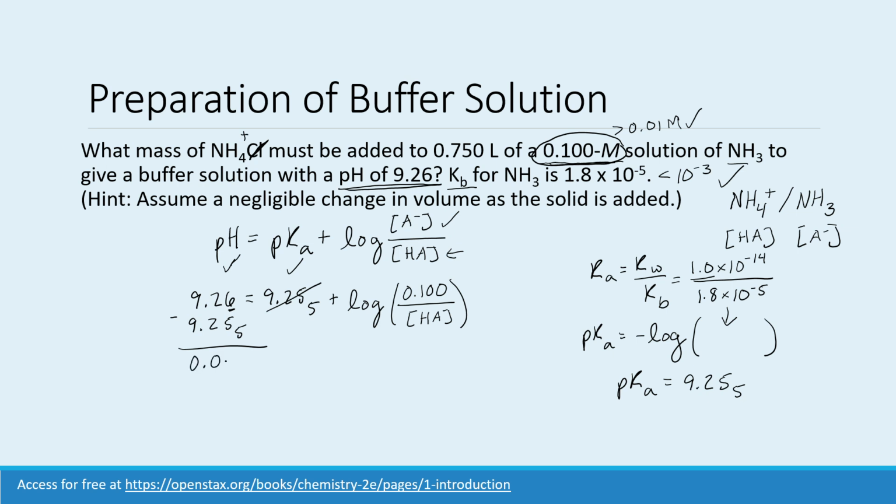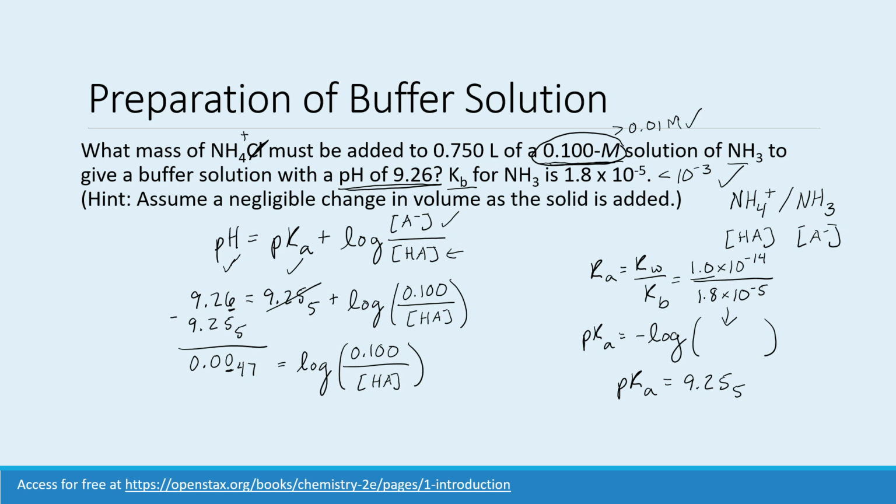So whenever I get this value of 0.0047, right, technically the 4 and the 7, neither one of those are significant, but that's okay because we're keeping them for now. We know we at least have 2 decimal places out, and that value of 0.0047 equals the log of the 0.1 over our weak acid.